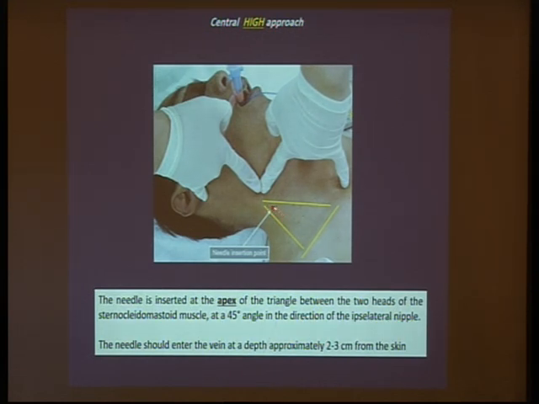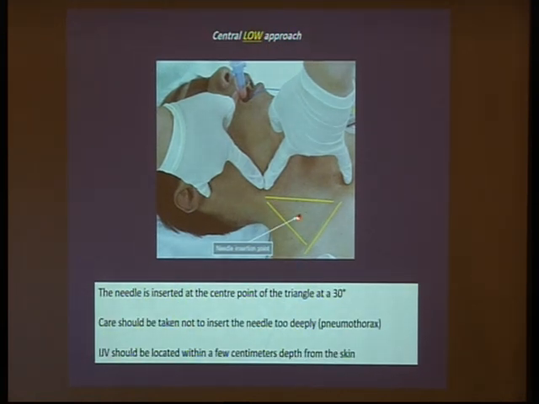This is high approach. And low approach, which is in the middle of the triangle. Central approach is perhaps the easiest one, but there is higher possibility of pneumothorax. That's why if we couldn't reach the vein after a few centimeters, then you have to relocate yourself.